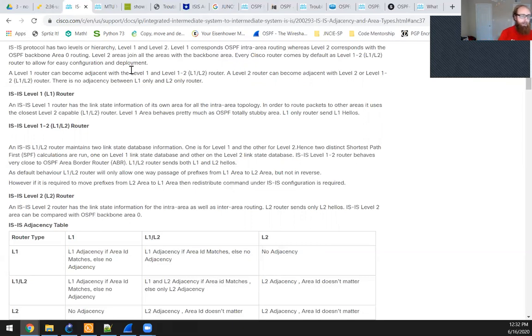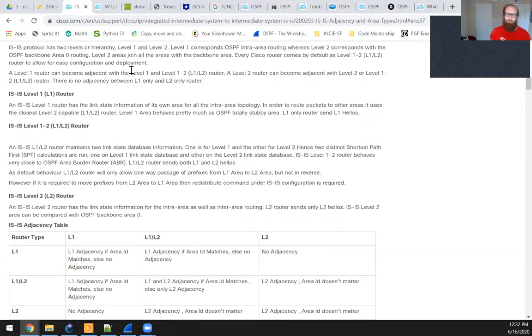An ISIS L1/L2 router maintains two link state databases, one for level 1 and the other for level 2. Hence two distinct shortest path first SPF calculations are run, one on the level 1 link state database and the other on the level 2 link state database.